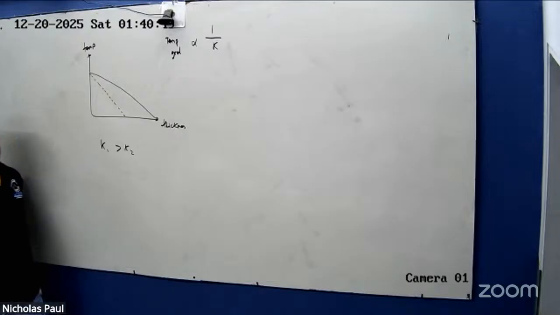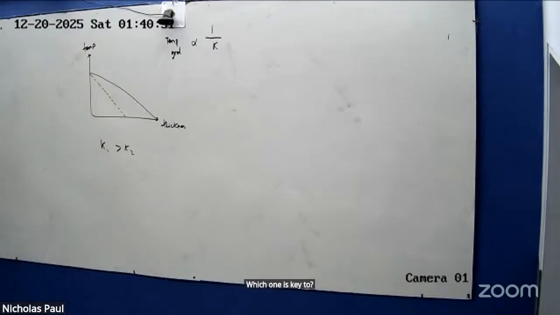Label which one is K1 and which one is K2. Both are straight lines.